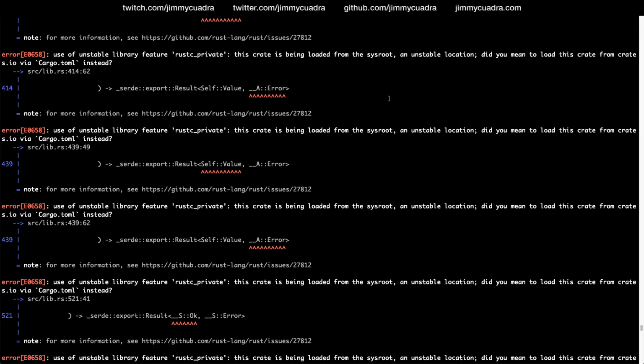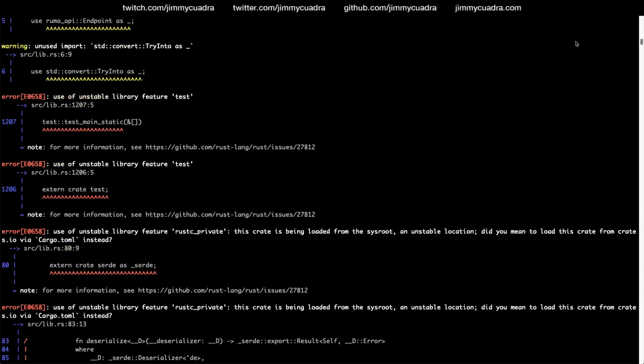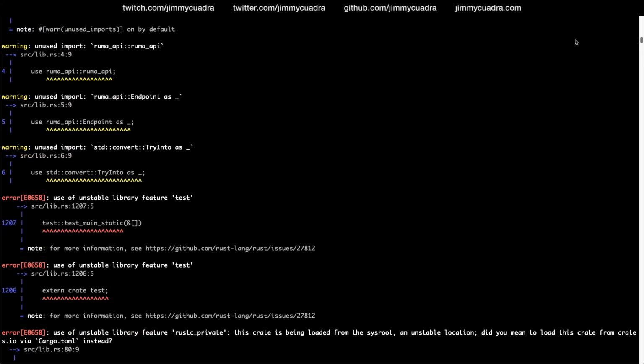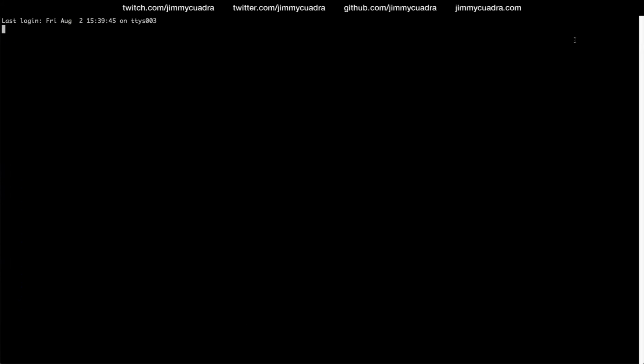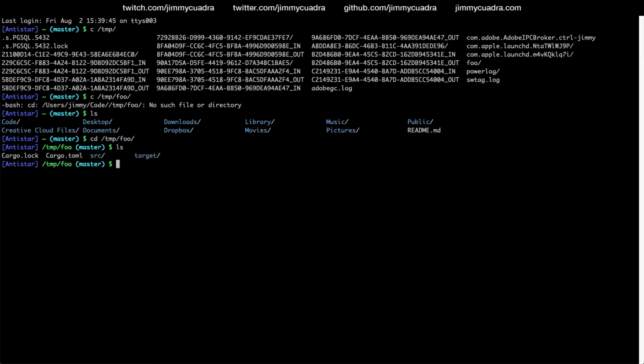This crate is being loaded from the sysroot, an unstable location. What on earth does that mean? Okay, let me go to temp foo. Where are we here?